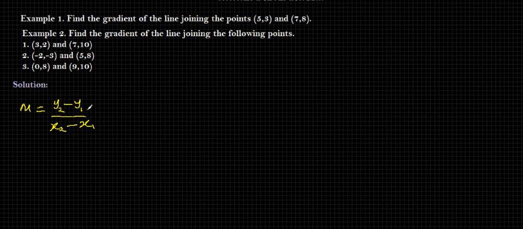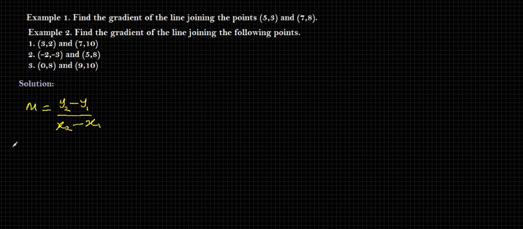That is y2 minus y1 divided by x2 minus x1. So from our example 1 now, we have x1 to be equal to 5, and we have x2 to be equal to 7. We have y1 to be equal to 3, and we have y2 to be equal to 8.